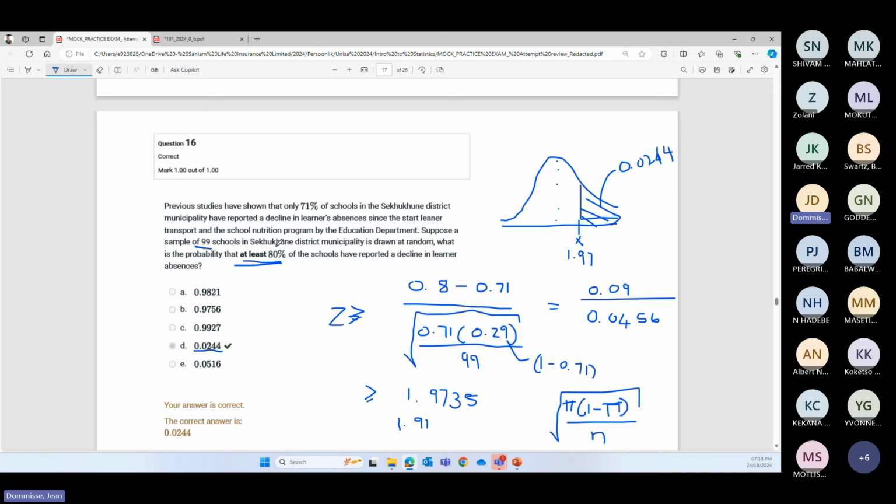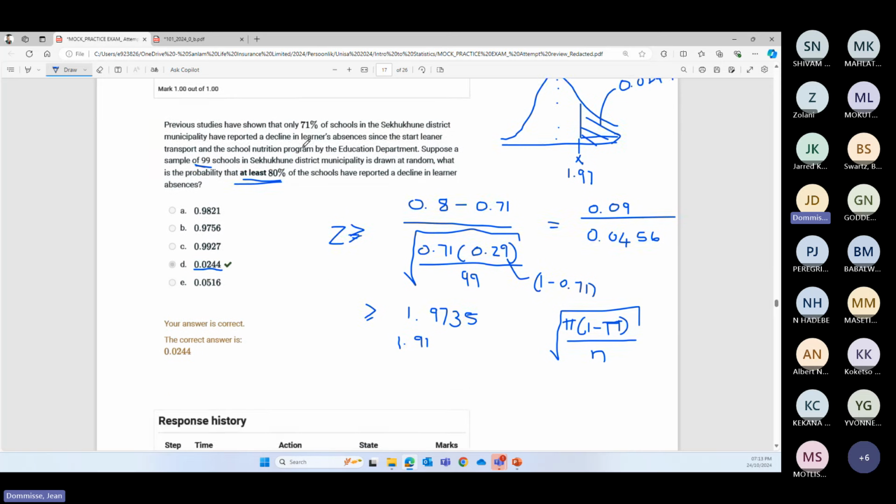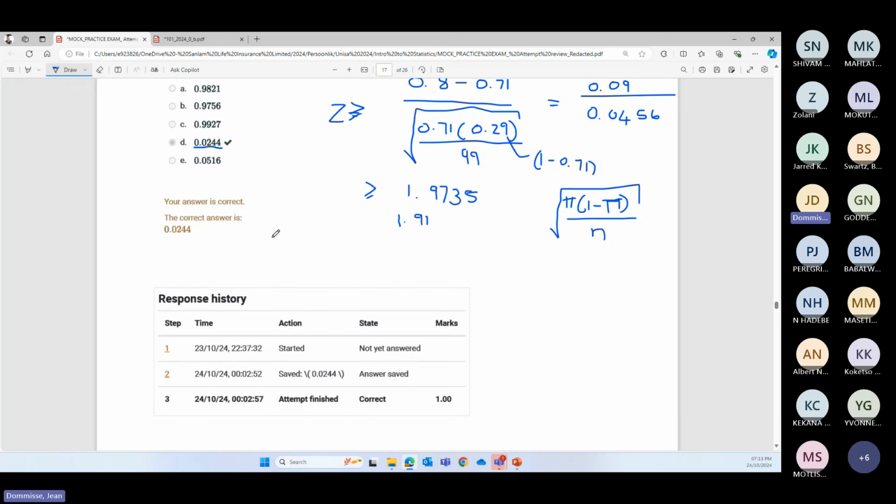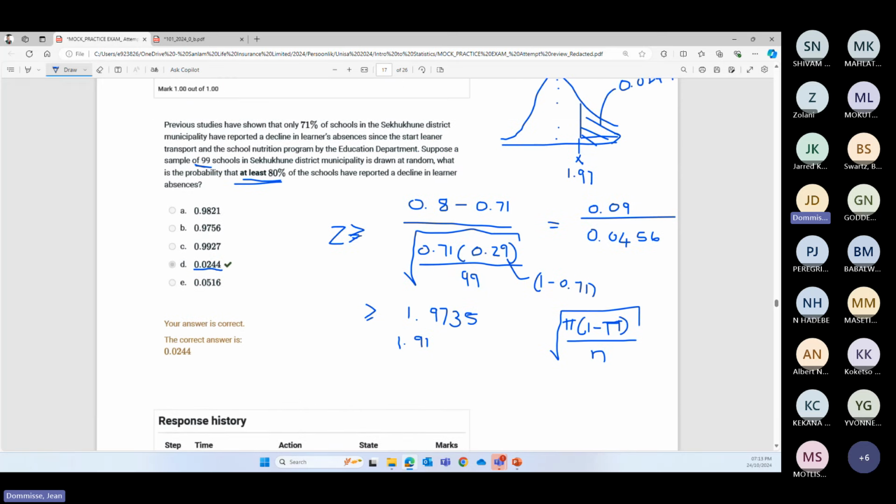Okay, so proportion, we had the mean, we still didn't have the standard deviation unknown. So let's quickly write that formula out so that you guys can just see the formula.